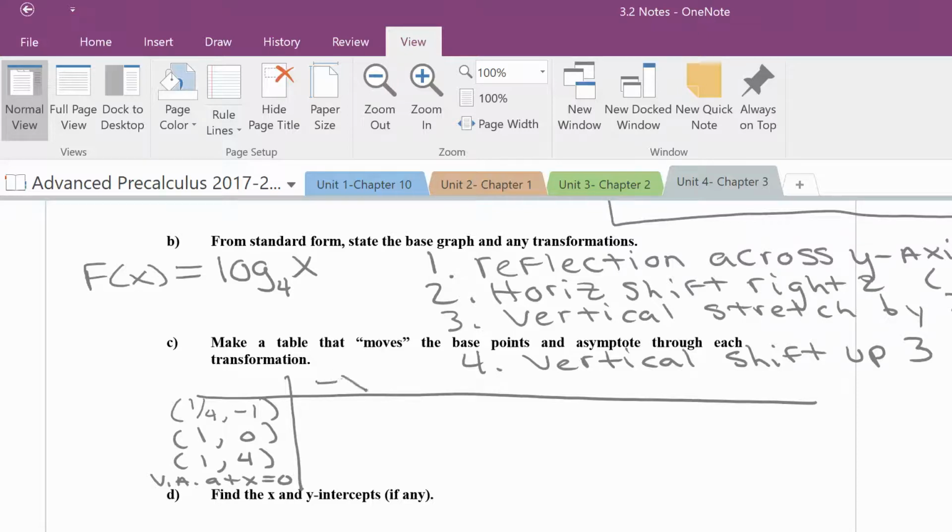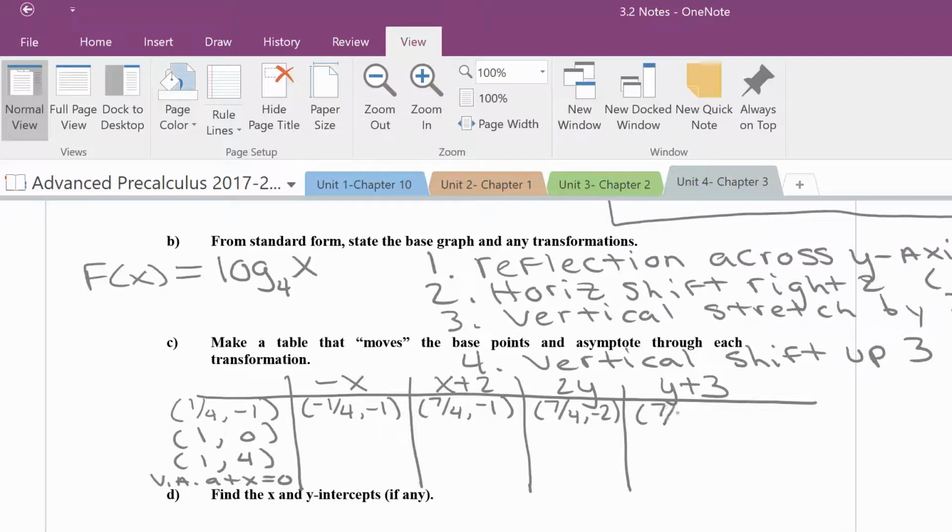So you have a negative x, you have x plus 2, you have 2y, and y plus 3. So when you do your transformations, negative 1/4, negative 1/4 plus 2, that's 7/4. And then 2 times negative 1 is negative 2, plus 3 is 1.